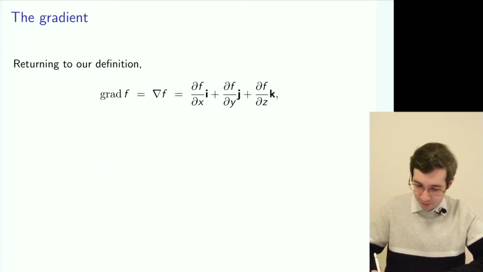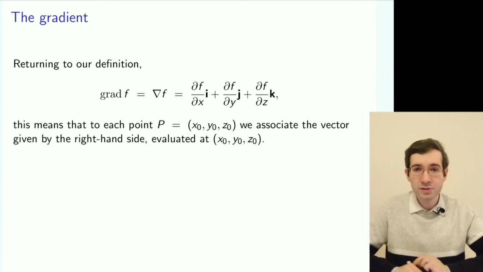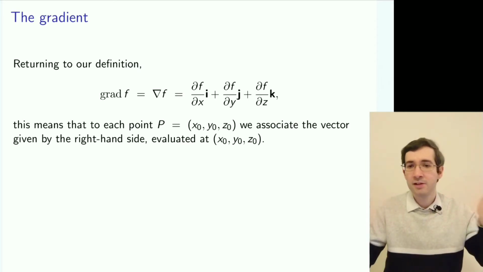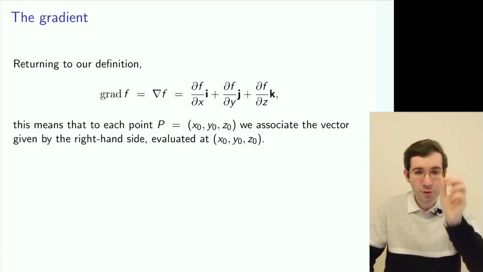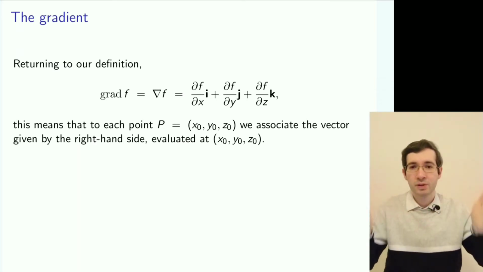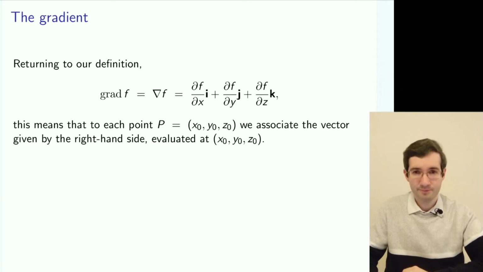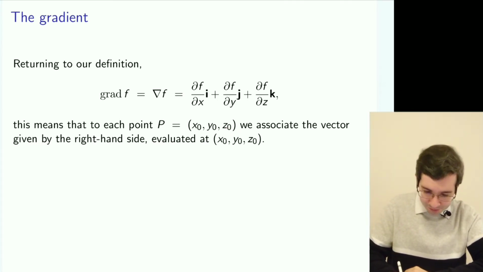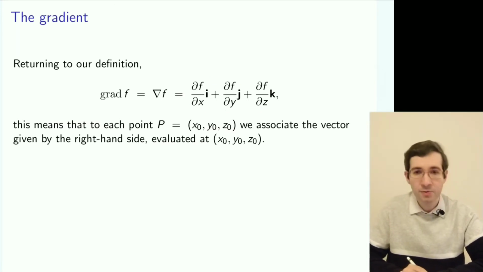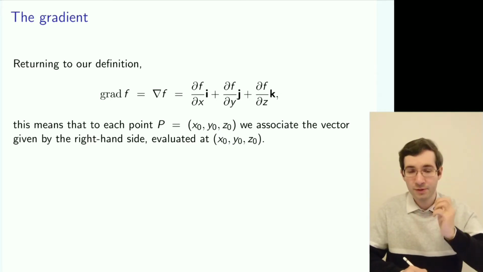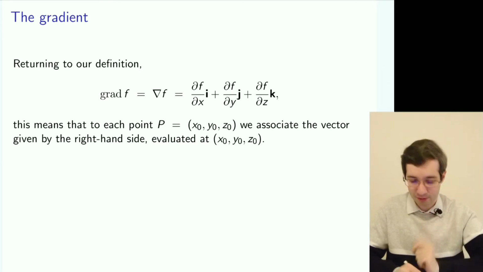Let's talk a bit more about the definition. What is useful about it is that we can talk not in general, where we take a scalar field and we get a vector field, we can talk point-wise. So I don't care about this gradient everywhere, I want to know it at a specific point. And to do that, you need to first get a general form of the gradient, and then you just substitute instead of x, y, and z a specific value, and then you will find a gradient at that point.